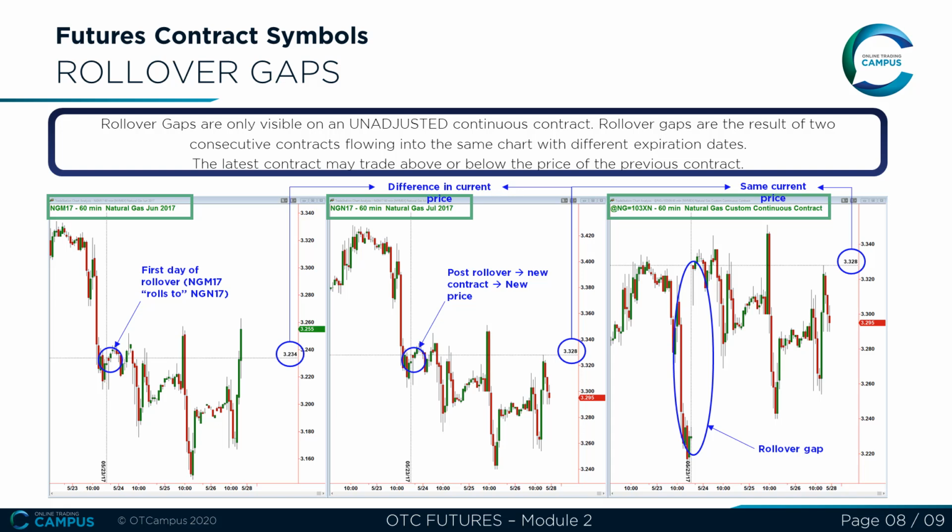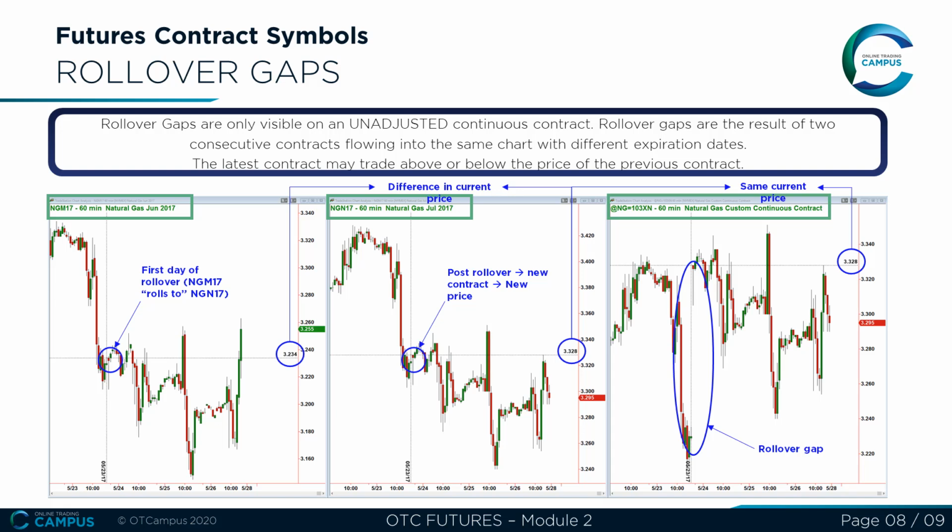On NGM17, which is the 2017 natural gas June contract, you had a price of 3.234 on the first day of rollover. So NGM17 rolls over to NGN17, which is the July contract, and here the price is 3.328.